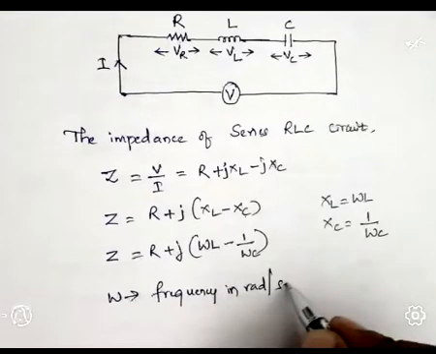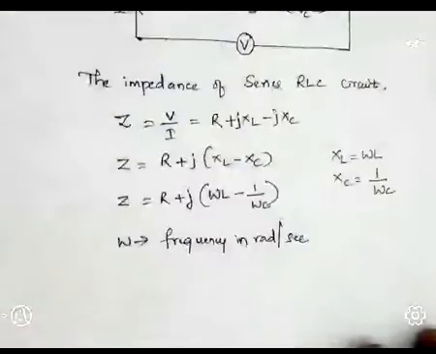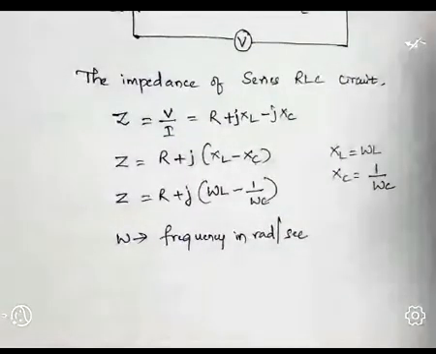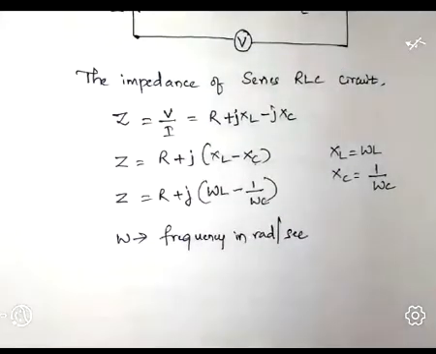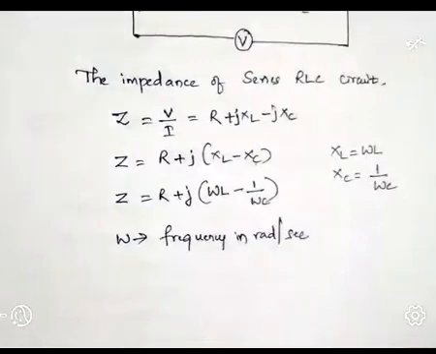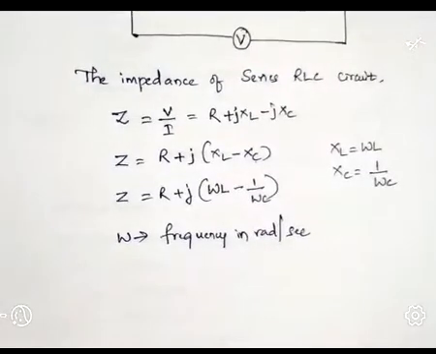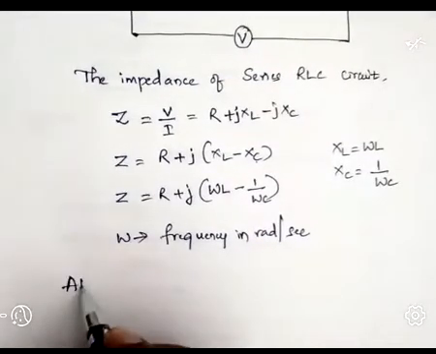According to the definition of resonance, at resonance, the reactive part of the impedance of the series RLC circuit is 0. This is a very important point we have to remember.